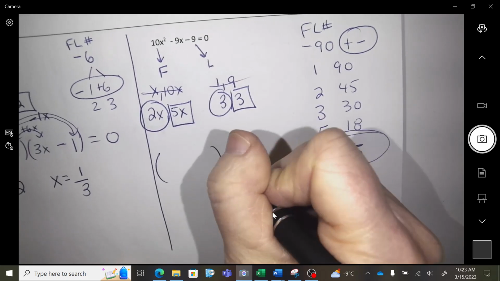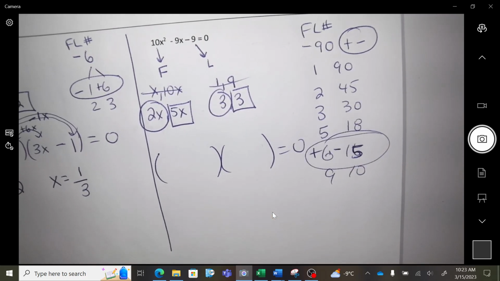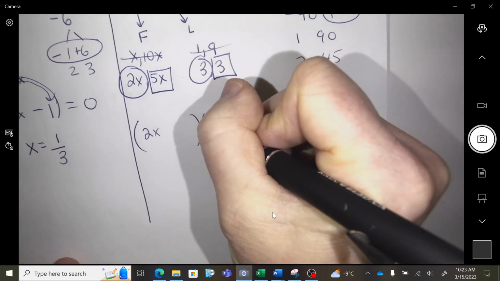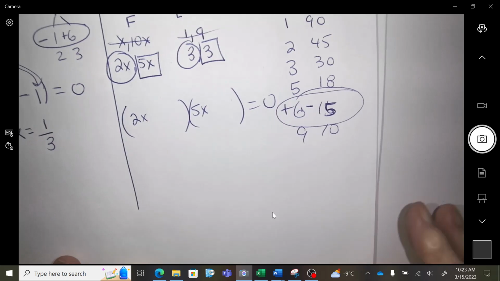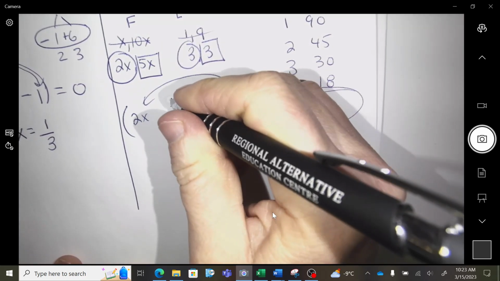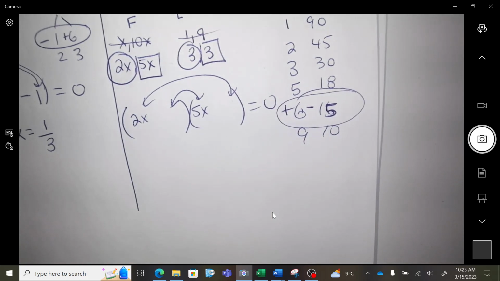Okay, now you're ready to place into your brackets. So 2x, 5x. And then you're ready to figure out all the FOIL placements.